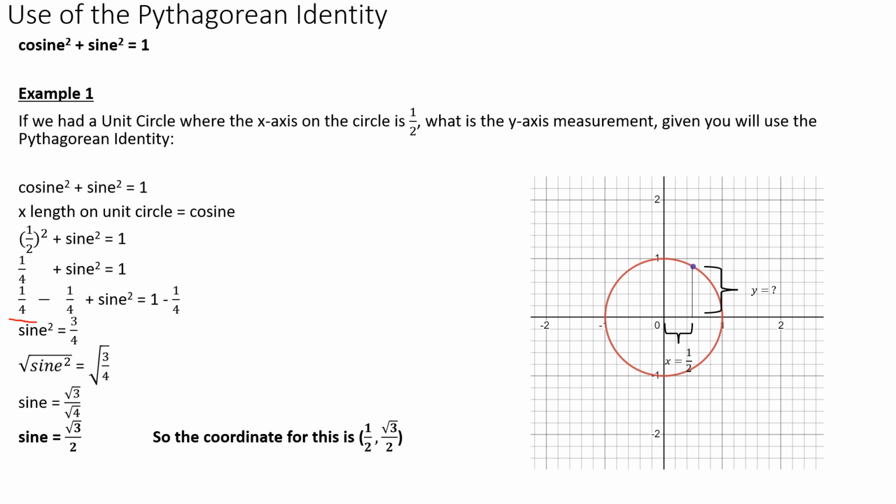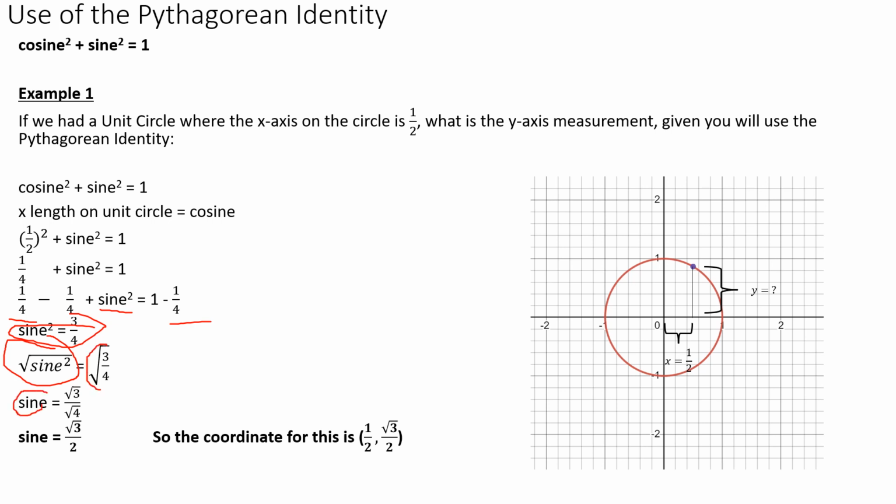I'm going to subtract 1/4 from both sides, do some basic algebra here. I'm left with 1/4 minus 1/4 plus sine squared equals 1 minus 1/4. So sine squared equals 3/4. I want to get down to sine. The square root of sine squared is sine.